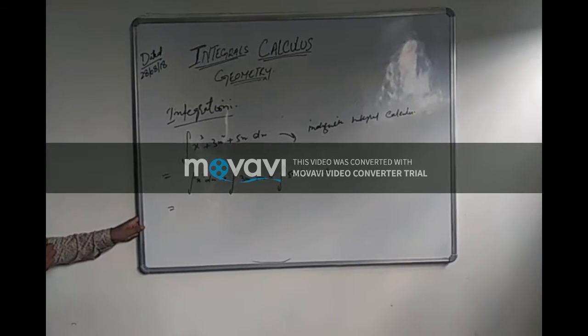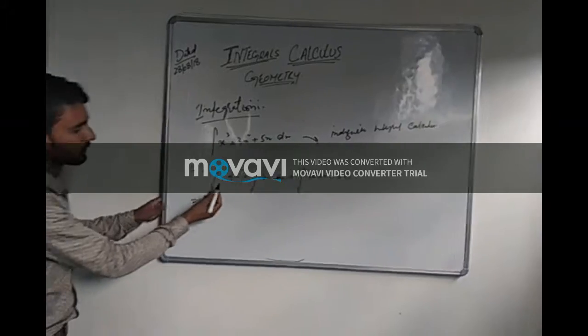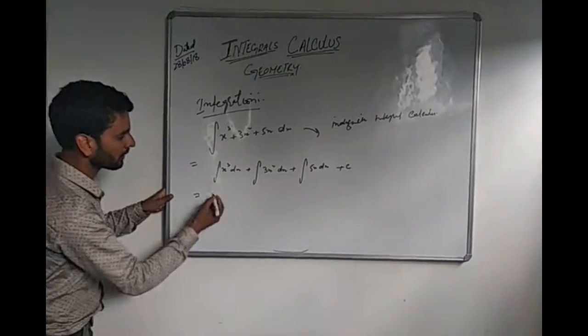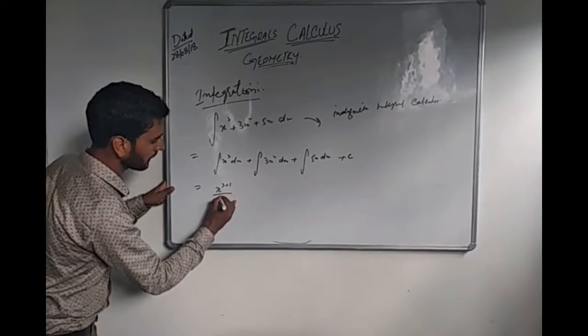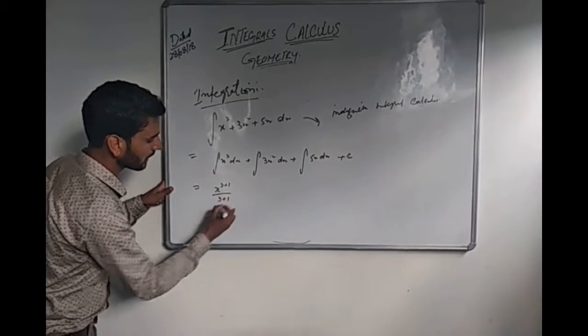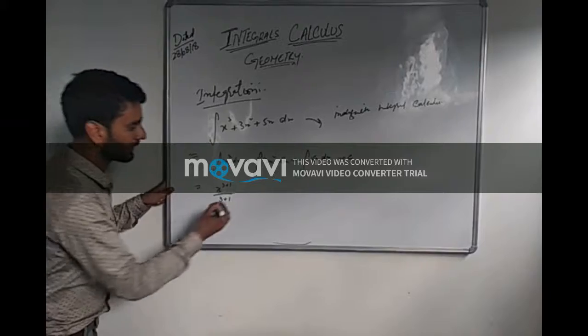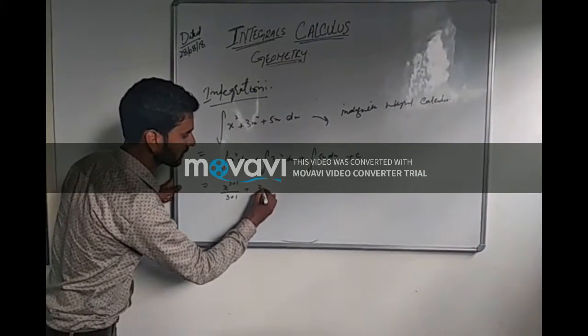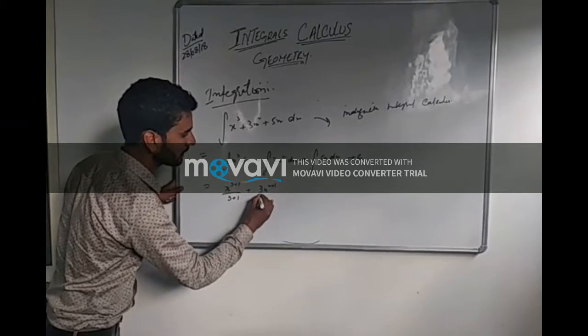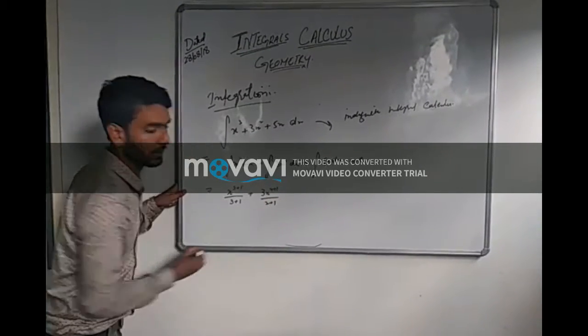The next step is to follow the procedure. First, add 1 to the power. It means x to the power 3 plus 1, divided by that power, 3 plus 1. The next is plus 3x square, which means 3x to the power 2 plus 1, divided by 2 plus 1.